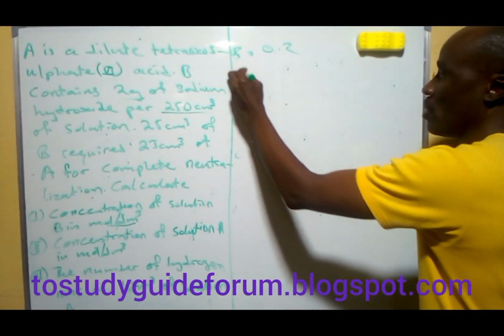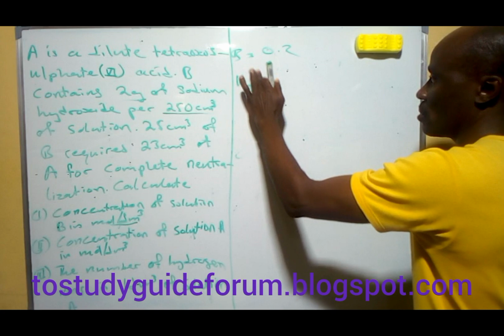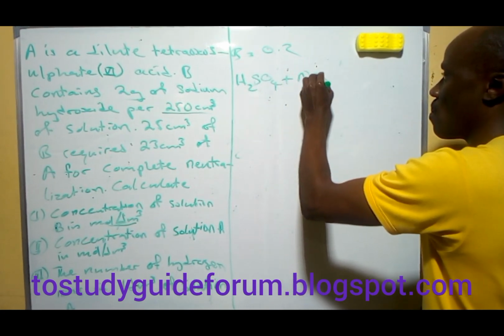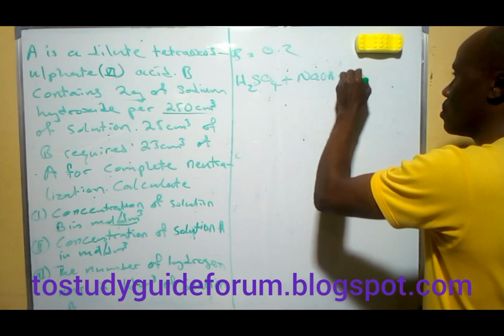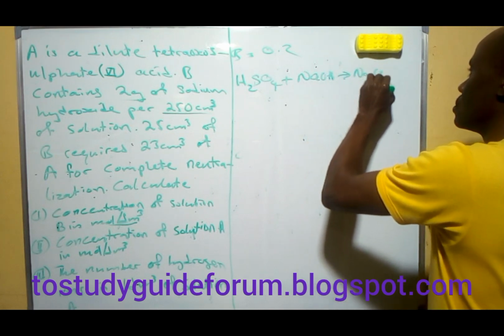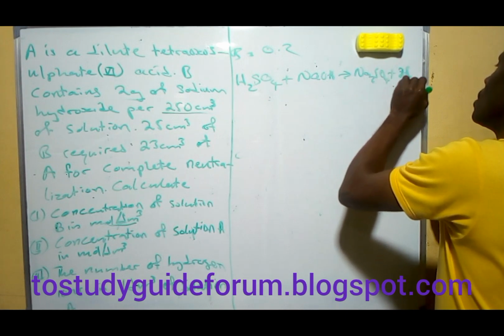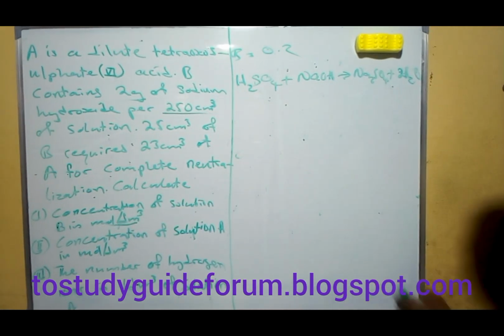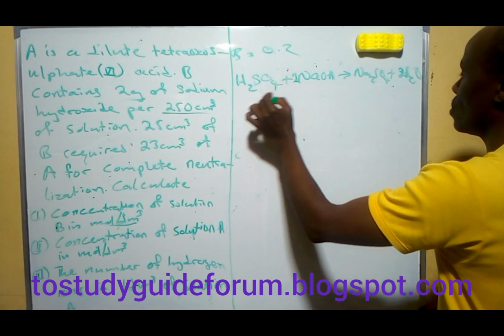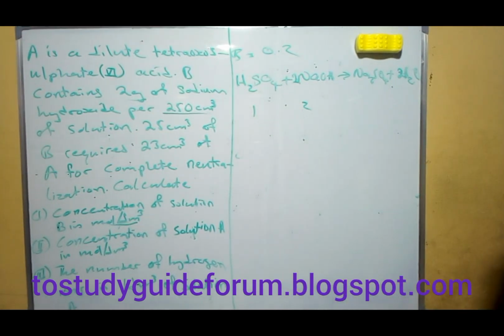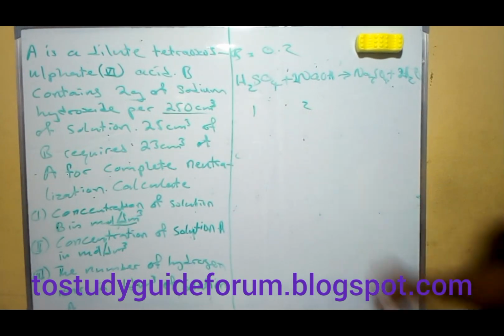Now we'll go back to the chemical equation. This is the balanced chemical equation. The coefficient here will be 2, which means the mole ratio, the mole relationship, is 1:2.